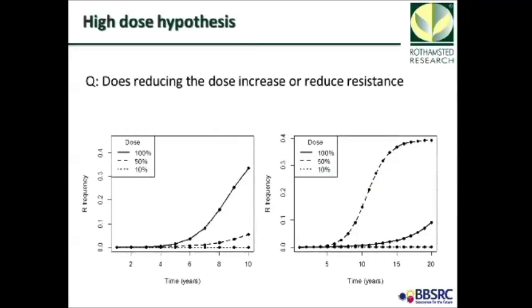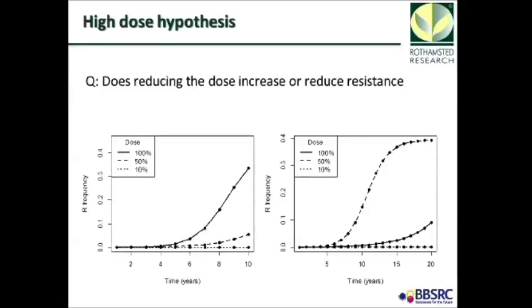And as has previously been found, a high dose can be beneficial. So on the left here, I'm showing the same insect population with 3 different sprays. This is the resistance allele frequency on the y-axis, and the number of years since we started the selection on the x-axis.